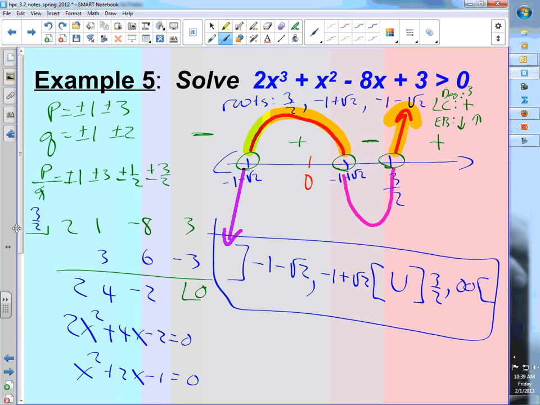There may be a wiggle, we don't care. We just know that this side is positive. Just this side would be your solution if you only had one rational root. But in this case, we have between here and here, non-inclusive, and then to the right of this one, also non-inclusive.